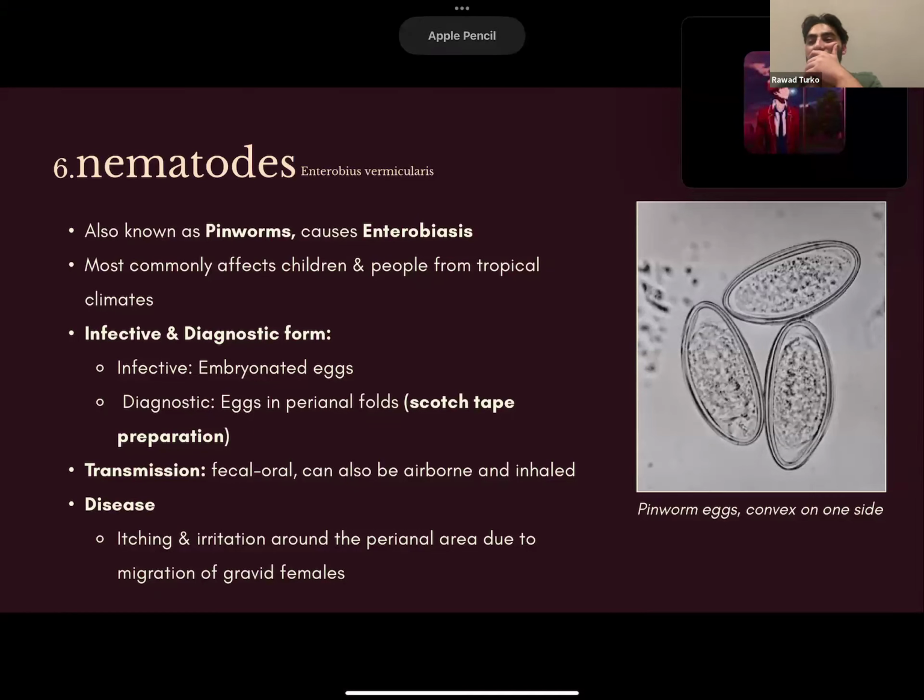Little story time. In our POD final, they actually gave us a question about Enterobius vermicularis. And obviously, when you get a question about Enterobius vermicularis, you expect to see a child who was scratching around his anal area, right? And that's how he gets transmitted the disease.